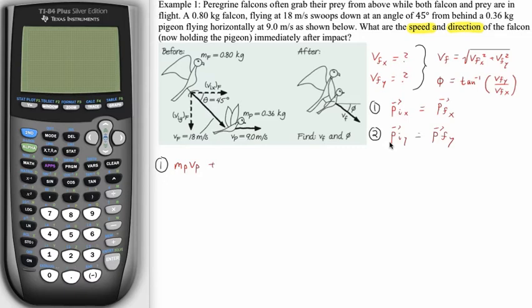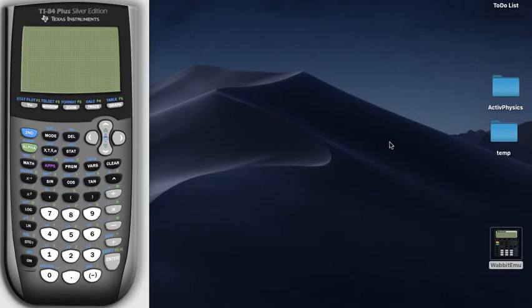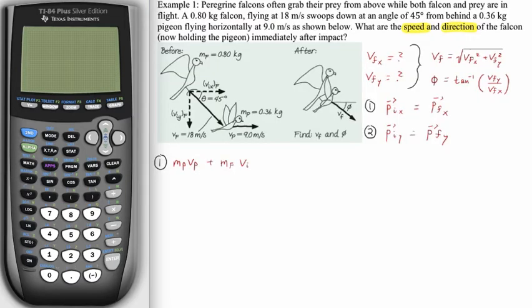And so what we're going to have then is mass of the falcon, and then v initial, and I'm actually just going to call this v f for falcon, and then I'm just going to put on the cosine of 45 to make it the x component.